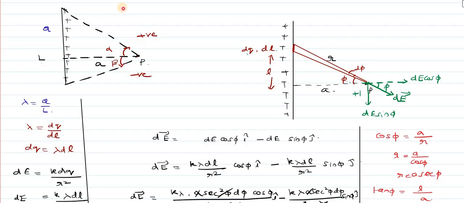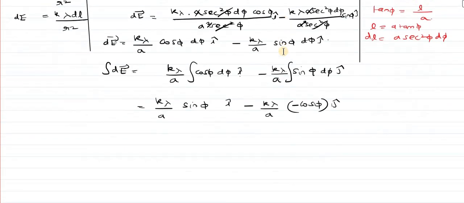So the upper limit is alpha, and the lower limit is minus beta because we are changing the direction. With respect to the reference line, we are measuring it. With the perpendicular line, if you measure it upwards, it is positive; downwards, it is negative. So the limit here is minus beta to alpha.